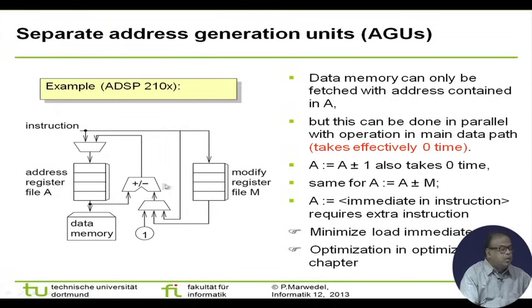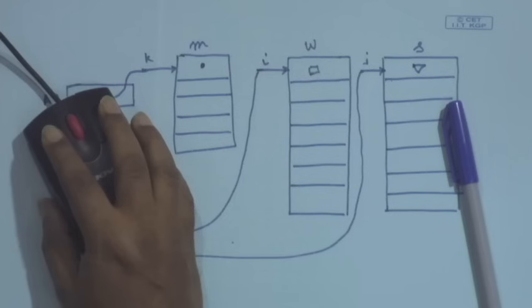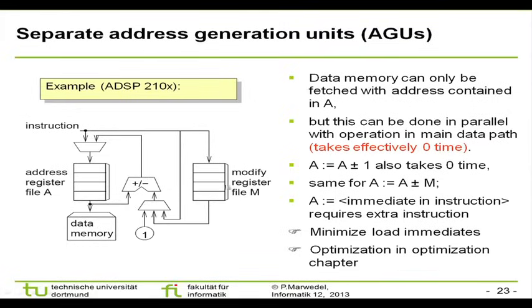I will have some control for plus or minus, auto increment or auto decrement, and along with the instruction, I can increment this while the instruction is being fetched. The instruction is either A1 plus plus or maybe A1 plus M. If it is A1 plus M, then I will have some modified registers.